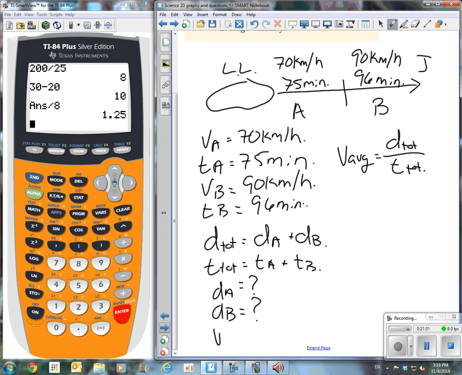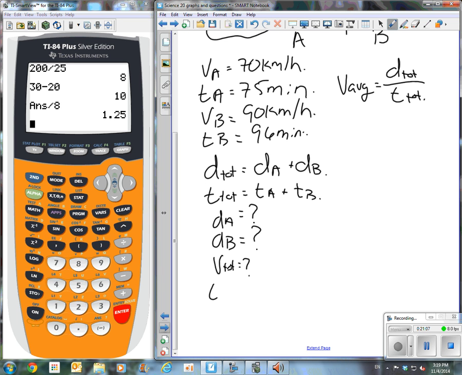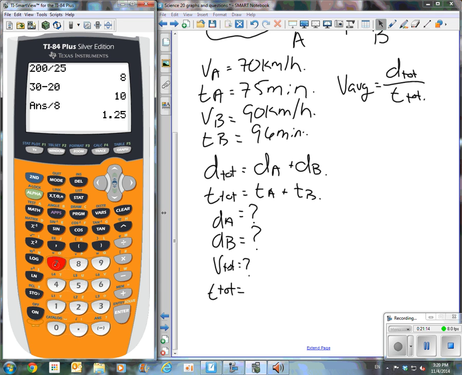In order to figure out time total, that's going to be pretty easy. I'm going to take my 75 minutes plus 96 minutes, and I get 171 minutes.